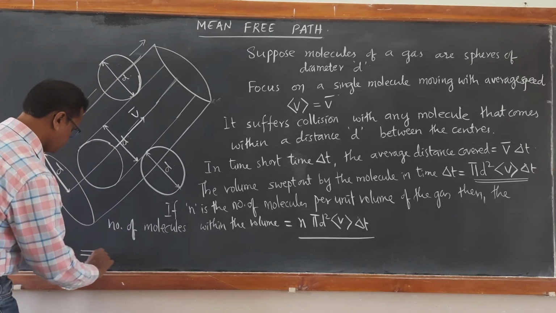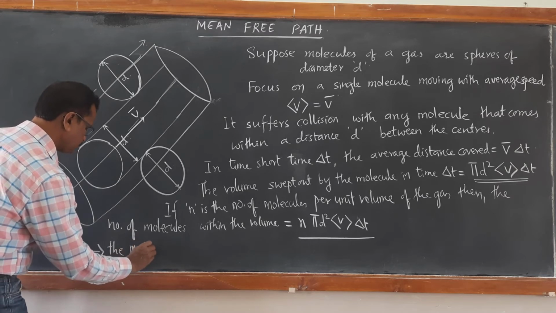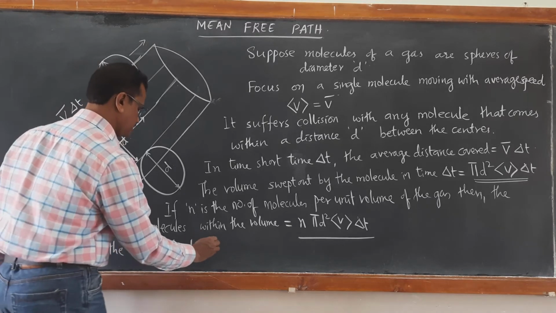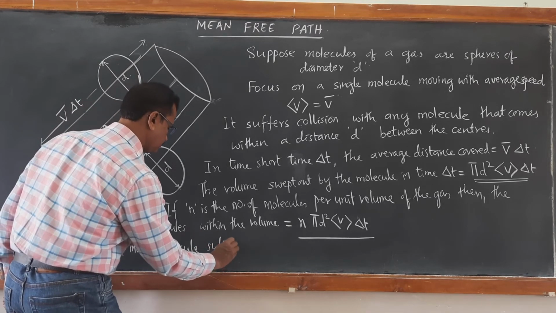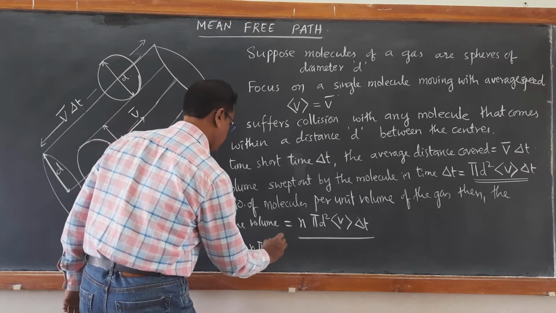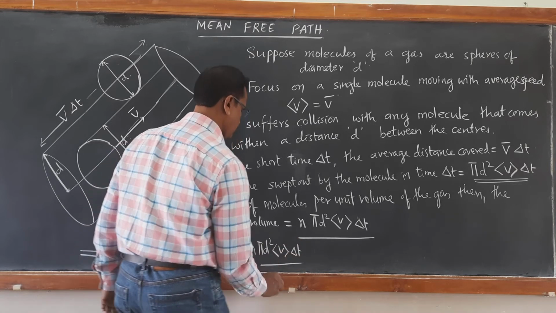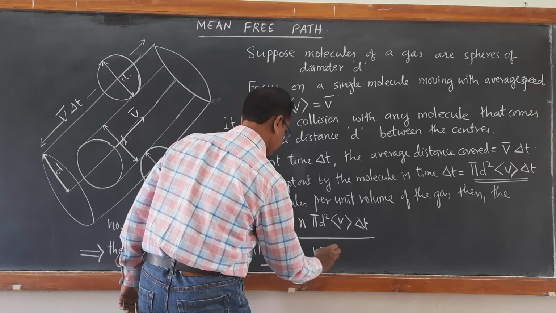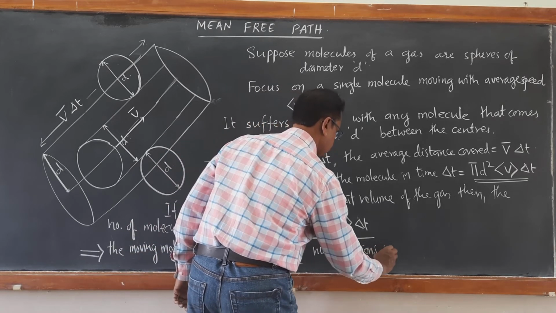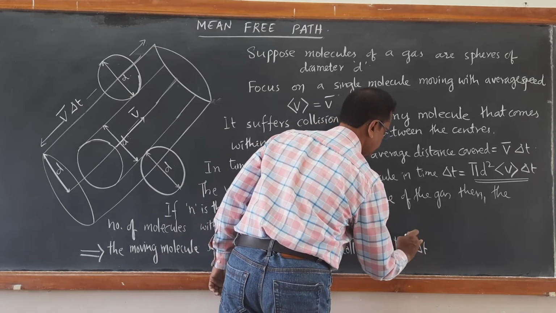This implies the moving molecule suffers n pi d square into average velocity delta t collisions in time delta t.